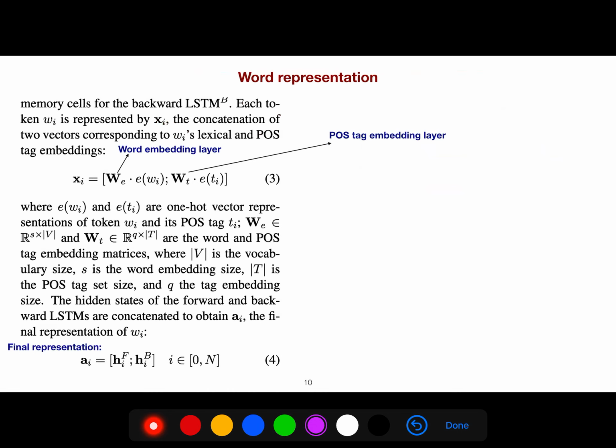Their final representation is, first, they augment the word embedding layer with the part-of-speech tag, and this is what they mean by embedding. Then they give this X to their LSTM, and it outputs the forward hidden layer and backward hidden layer, because we are working with a bidirectional LSTM. They concatenate them, which is a very standard technique, to produce the final representation for each word from 0 to n.